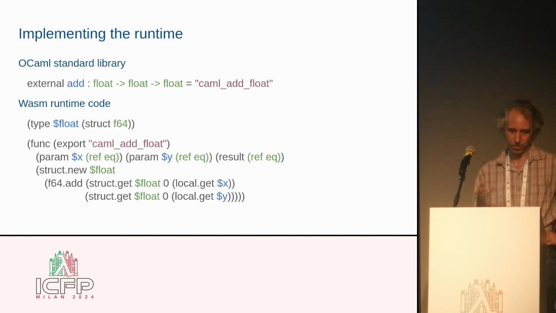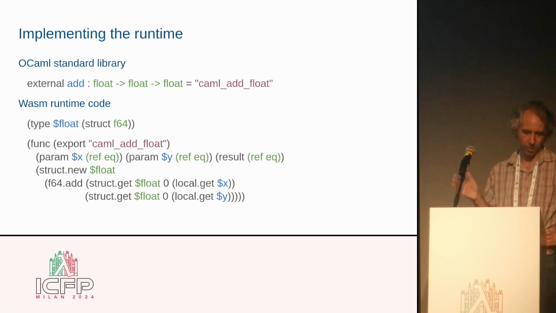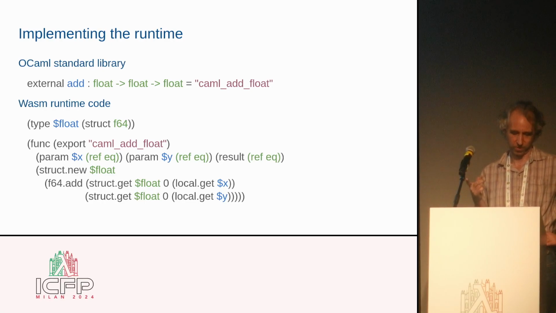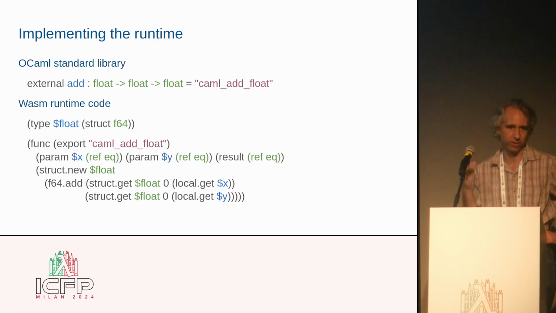Here the function takes 2 parameters x and y, unboxes the floats, adds them, and then boxes the float back and returns the result of the addition. Actually, this function is known by the compiler, and it will generate inline code, which allows more optimization later on.